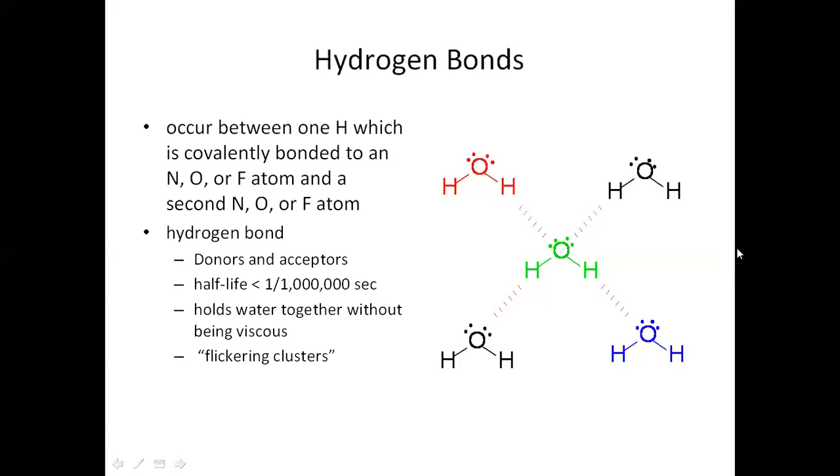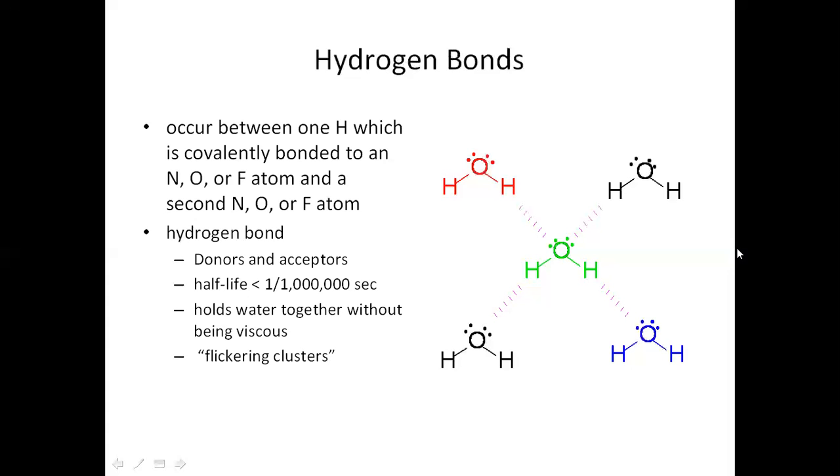The hydrogen bond is extremely short-lived, with a half-life of something less than 1/1,000,000th of a second. Because of the short half-life, the water is held together in a way that allows it to not be viscous.